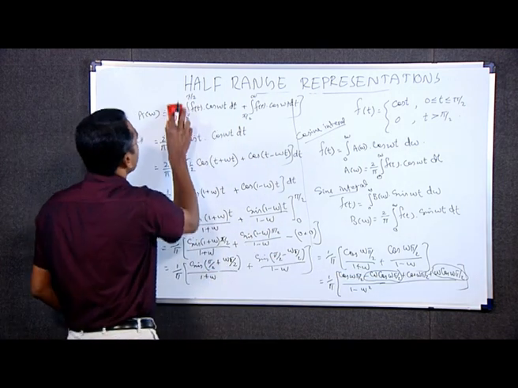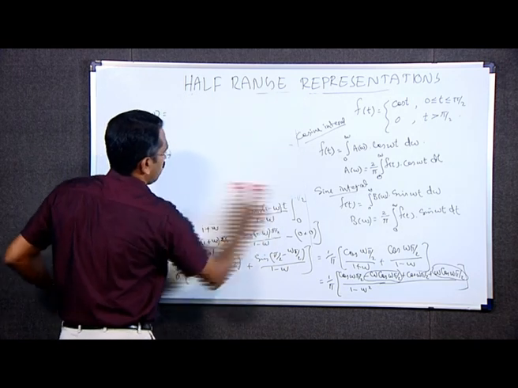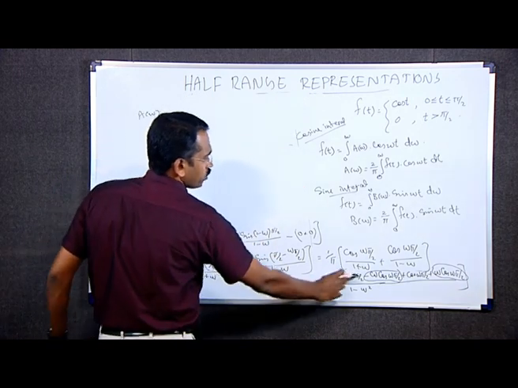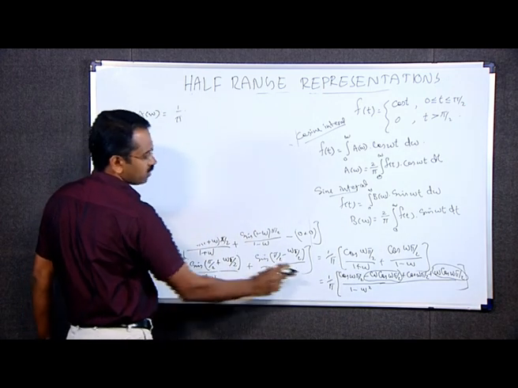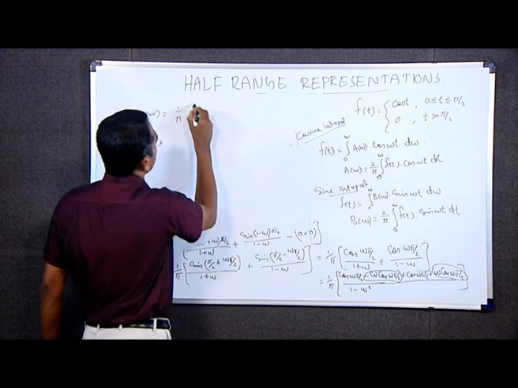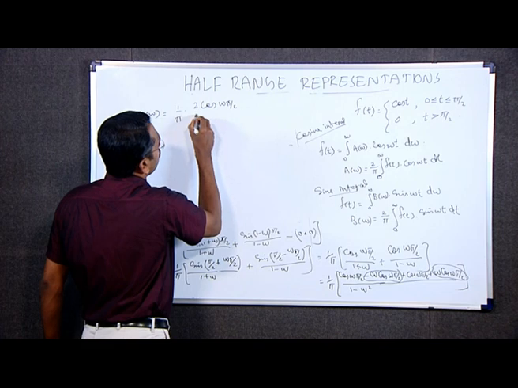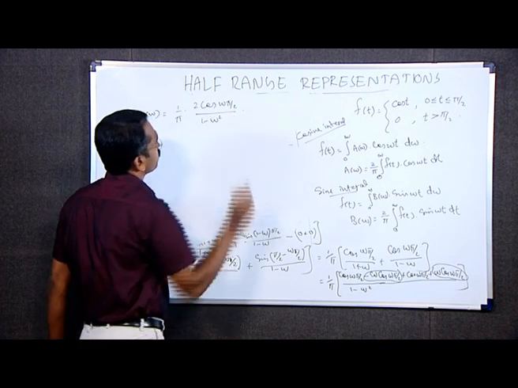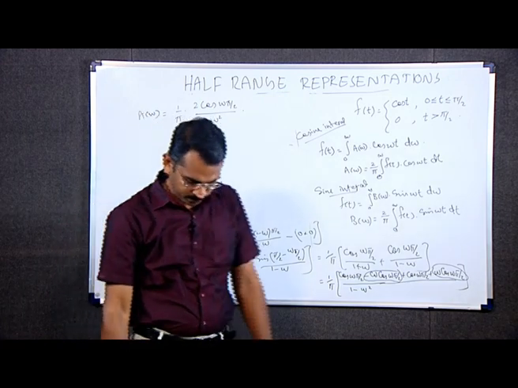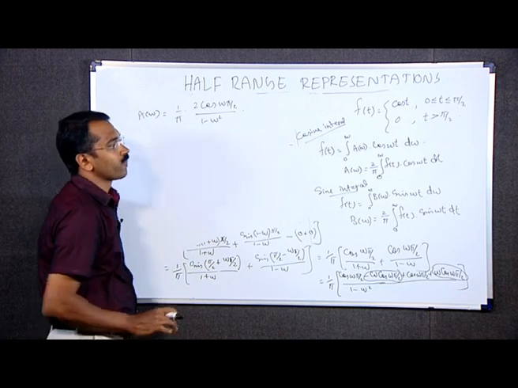Therefore, A omega equal to 1 by pi is common, 1 by pi into 2 times cos omega pi by 2 divided by 1 minus omega square. This is the value of A omega.